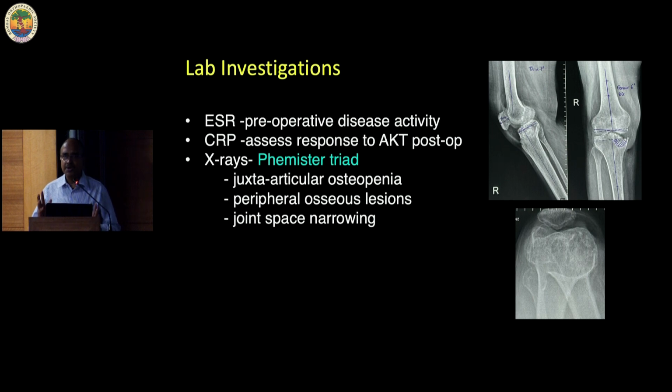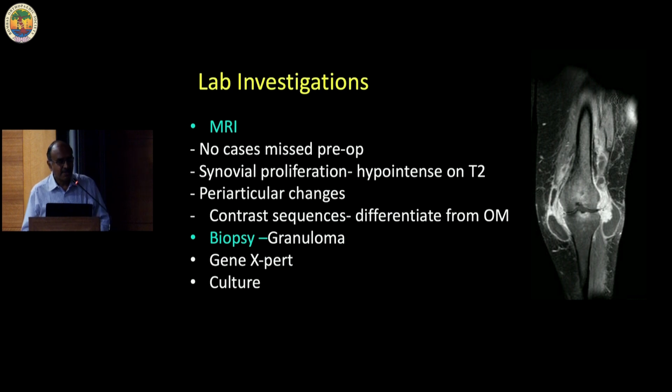And on X-rays, what you describe is the classical Phemister triad, that is juxta-articular osteoporosis and peripheral osseous defect, with narrowing of the joint space. If you find this, then it probably points more towards tuberculosis. Now, MRI has almost given us the diagnosis of tuberculosis.